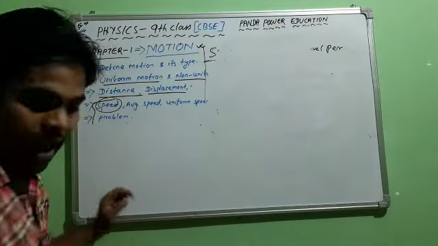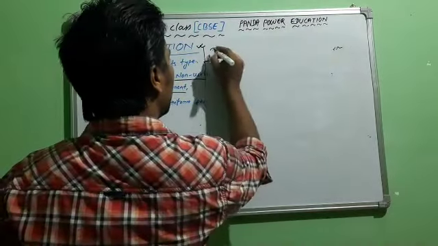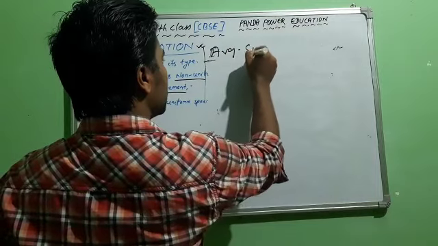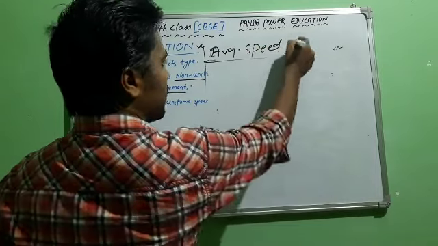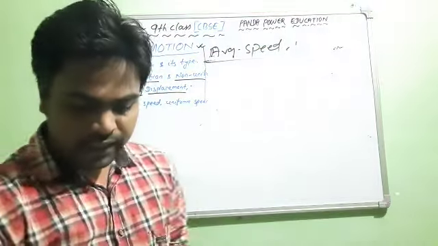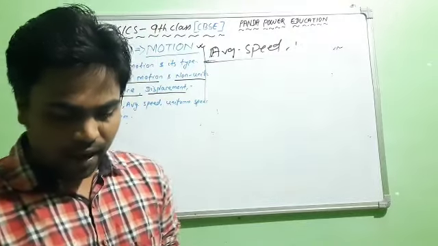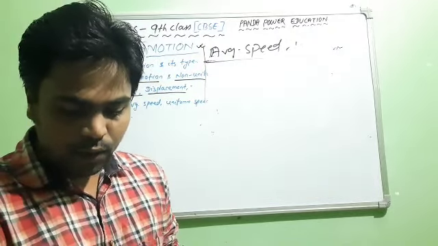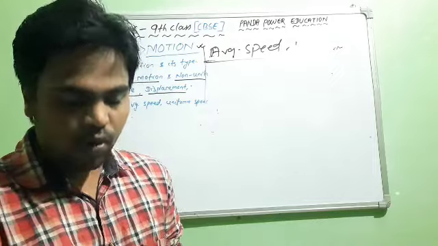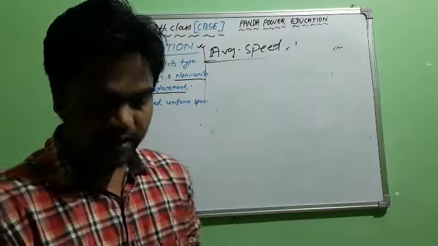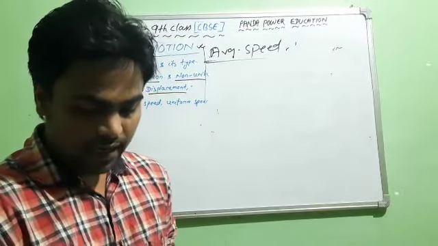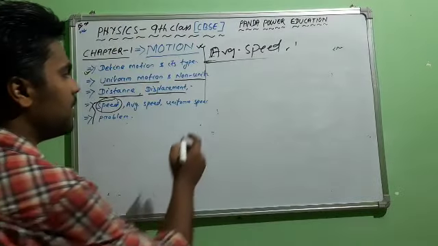Now I'll go to average speed. Write down, it is the total distance travelled divided by the total time taken to cover the distance. Write it in your notes.